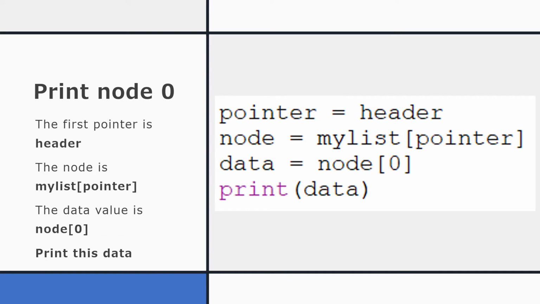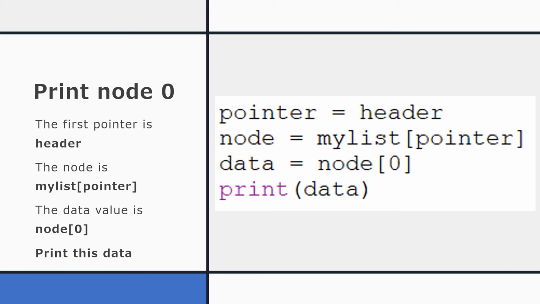So the first pointer is to the header of the list, and the first node is mylist square brackets pointer, and the data is value 0 within that node. So if we print the data, those three commands will take us to the header of the list, find the node at that position, take the data out of that node and print it.